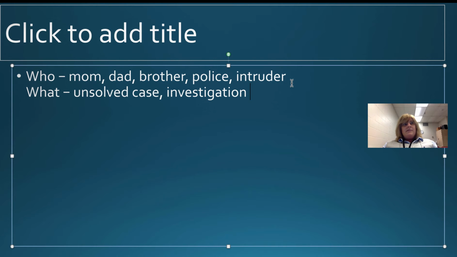I'm trying to think of the word. It was a faulty investigation. We'll put that in parentheses, okay? Because it was a faulty investigation, basically. It had a lot of issues in it. All right, a lot of police bobbles.